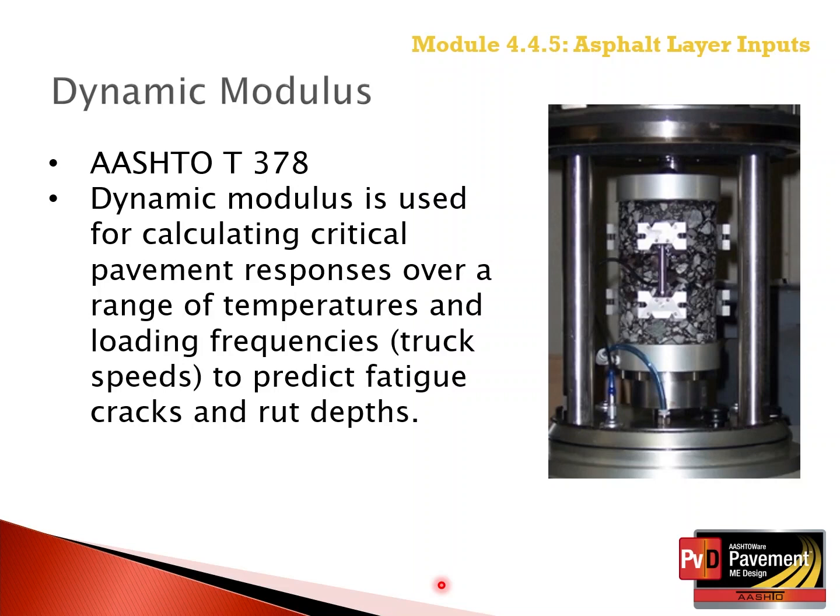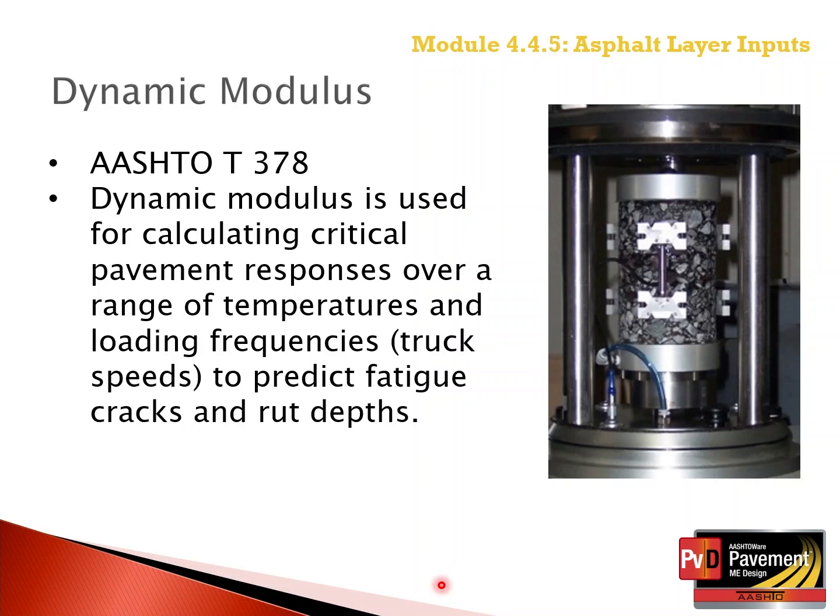The cyclic deviator or uniaxial stress is applied using a sinusoidal waveform where both the applied stress and resultant vertical deformations are measured. The peak applied stress and the peak vertical deformations are used to calculate dynamic modulus.